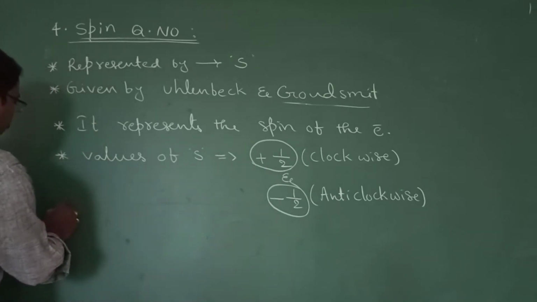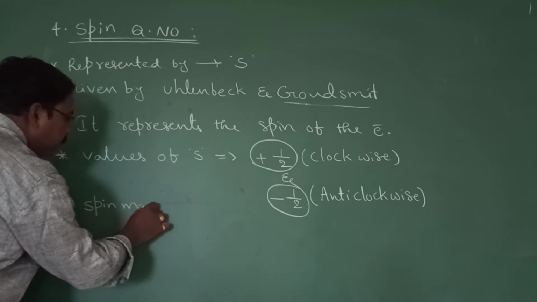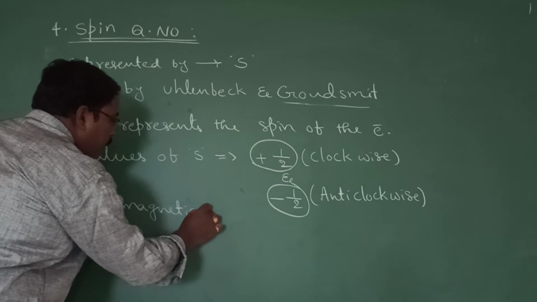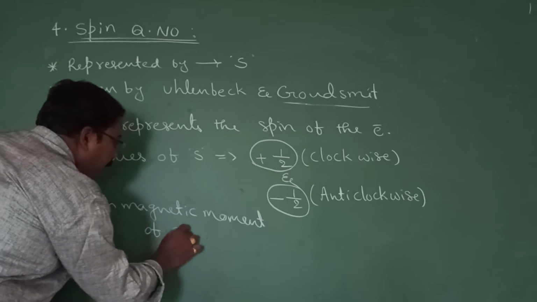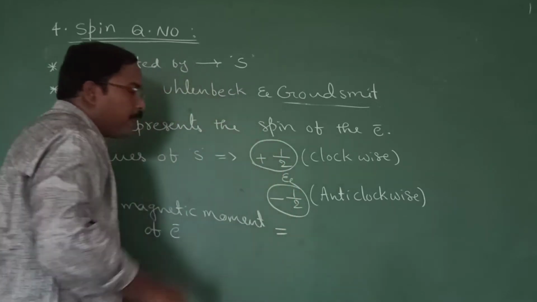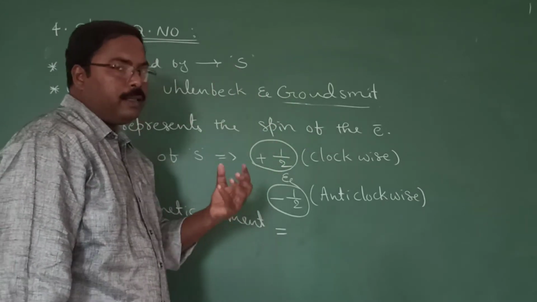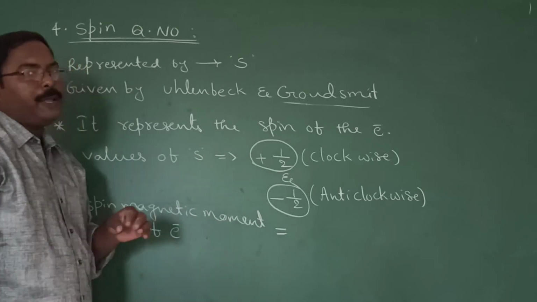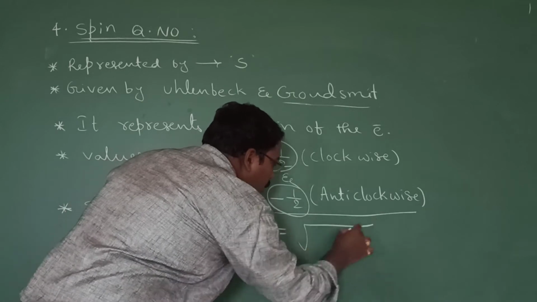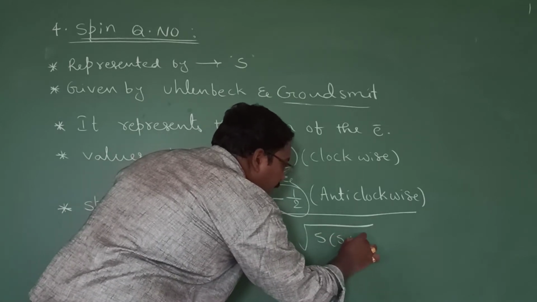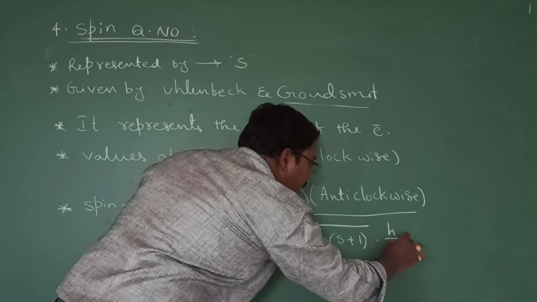Now coming to the formula to find spin magnetic moment. As I already told you, due to the revolution of the electron around itself, the magnetic moment developed is known as spin magnetic moment. The formula to calculate this is root over s into s plus 1, into h by 2 pi.